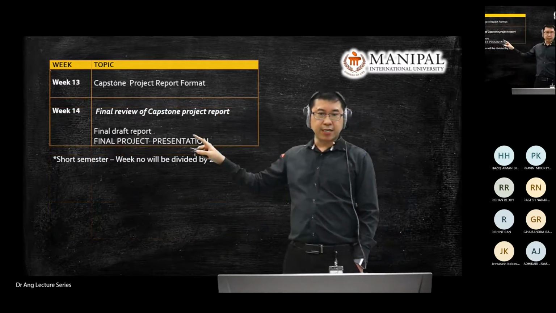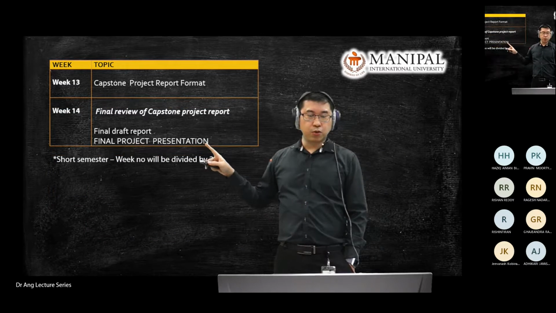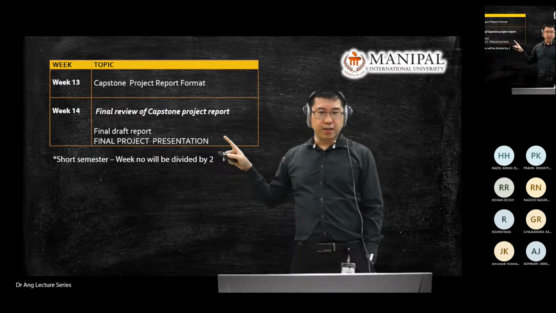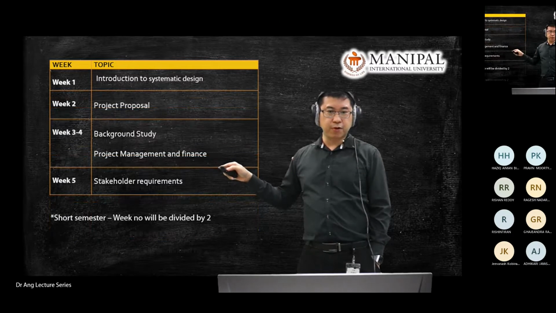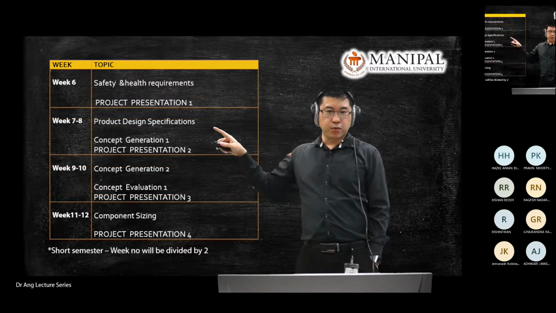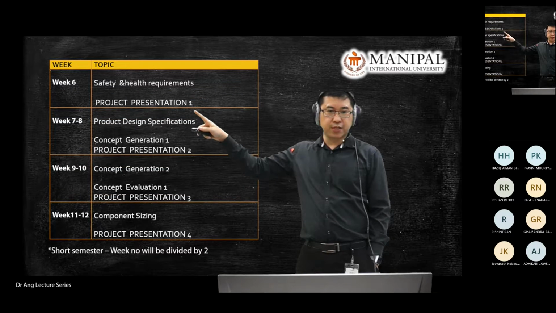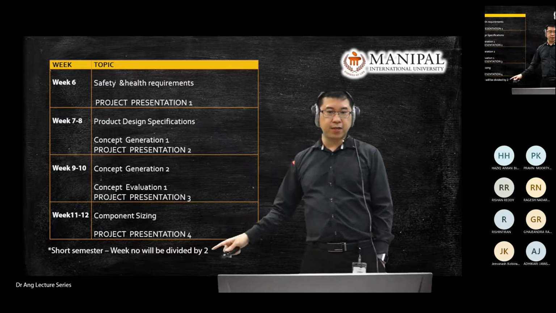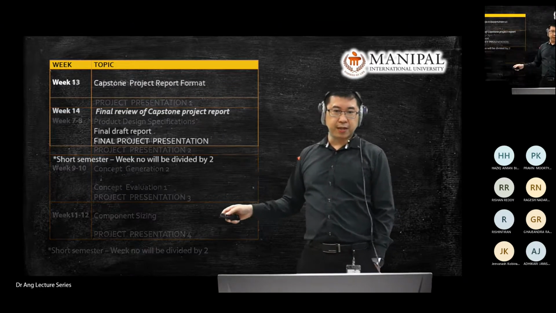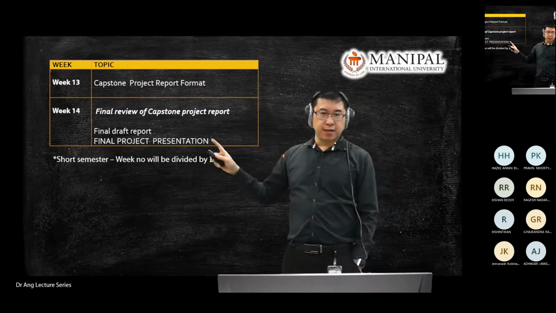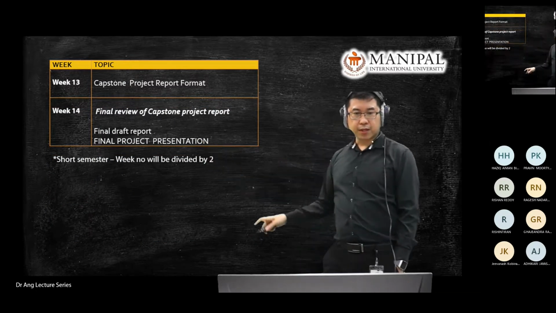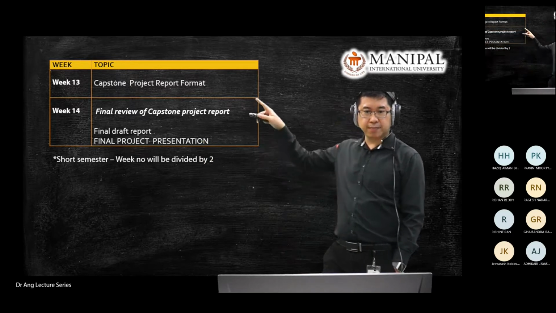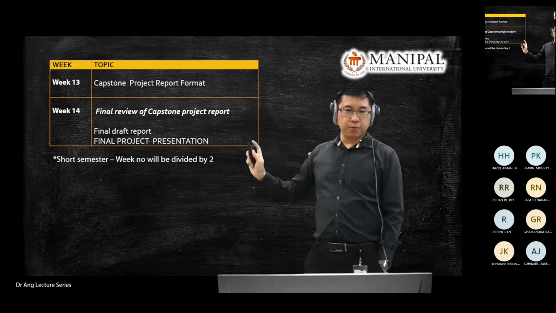In the last week, you compile your idea from week 6, when you start your first presentation. You compile all the slides together, make it better, and present the whole project's idea. If you can push this one up, then it will be good.